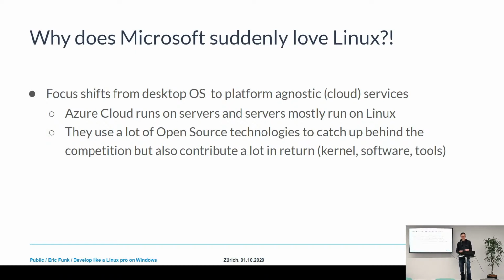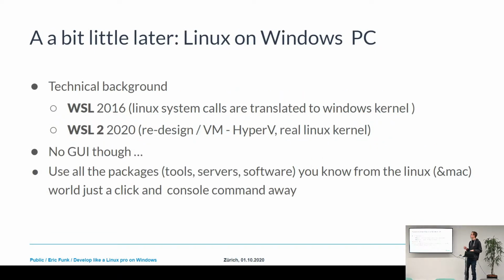They developed a lot of tools, provided Linux, and contributed towards the Linux kernel. It was really a radical change. And a little bit later, they actually did something crazy and really unexpected as well. They released the technology they called Windows Subsystem for Linux.